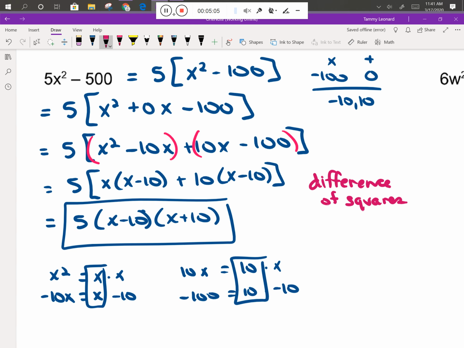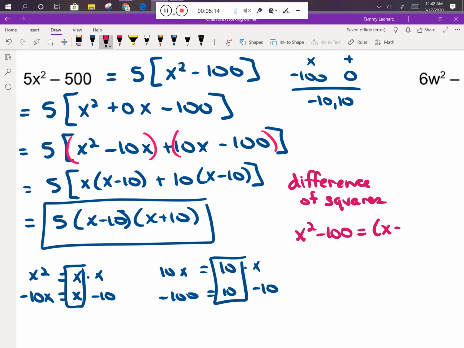I want you to notice something that's happened a few times now. So we had this x squared minus 100. And when we factored it, it became x minus 10 and x plus 10. And if you remember back to some of the other times that we've had something like this, I believe we've actually factored x squared minus 4 on two separate sheets.